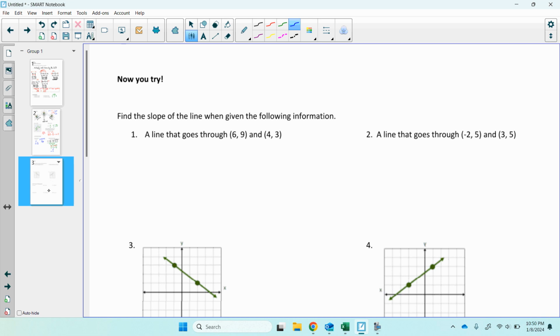Okay, this last page of lesson 3 says, now you try. So I am going to pause and end the video here now. I do want you guys to try and fill out this page, going back through each of these types of finding slope, and do that yourself. I will be uploading a completed version of these notes, including this page.